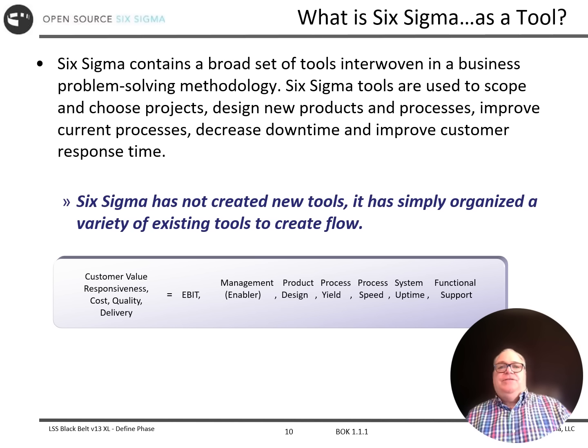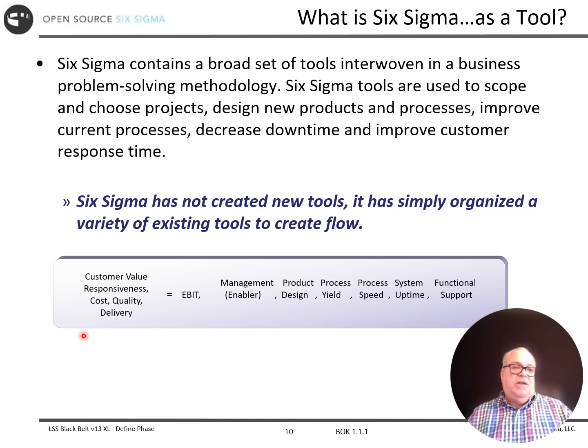The toolbox that supports the whole Six Sigma DMAIC methodology is quite broad. There are quite a few tools. You won't use every tool on every project, but it also has a broad set of problems that we can go after. When we look at Y as a function of X, what does the customer perceive as value?